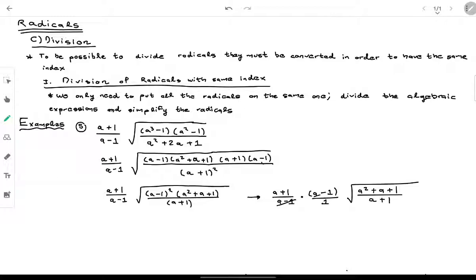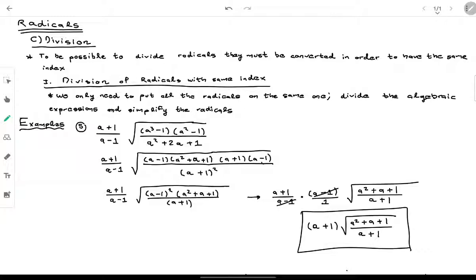So we can eliminate this one with this one, and our answer is going to be a plus 1 that multiplies the square root of a squared plus a plus 1 divided by a plus 1. And that will be my answer.